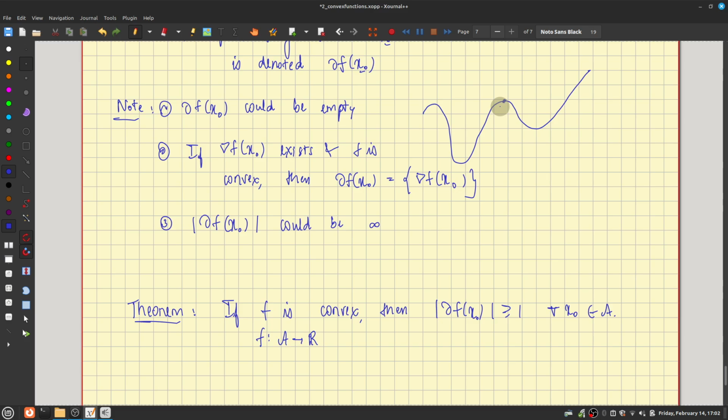But at this point I'll only restrict myself to this weaker condition. I won't give a full proof, but I'll at least give a high level justification as to why a subgradient must exist at all points, and that involves some other nice ideas that we'll use in many other places later on.